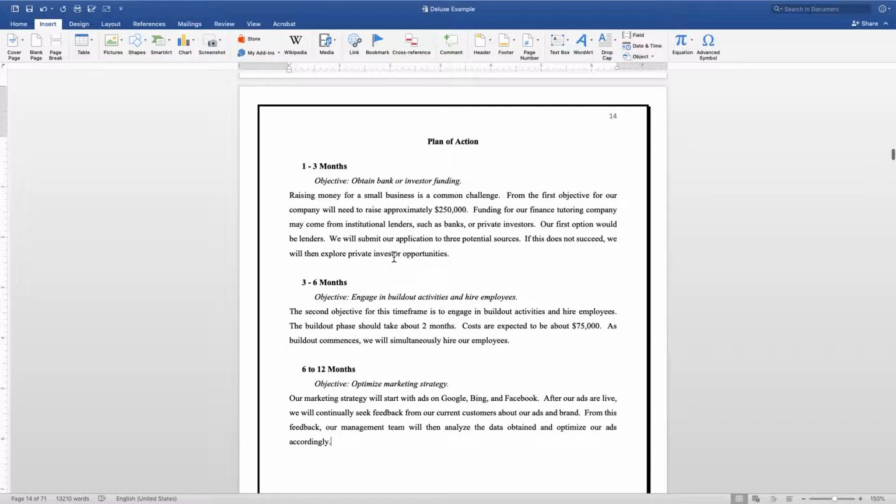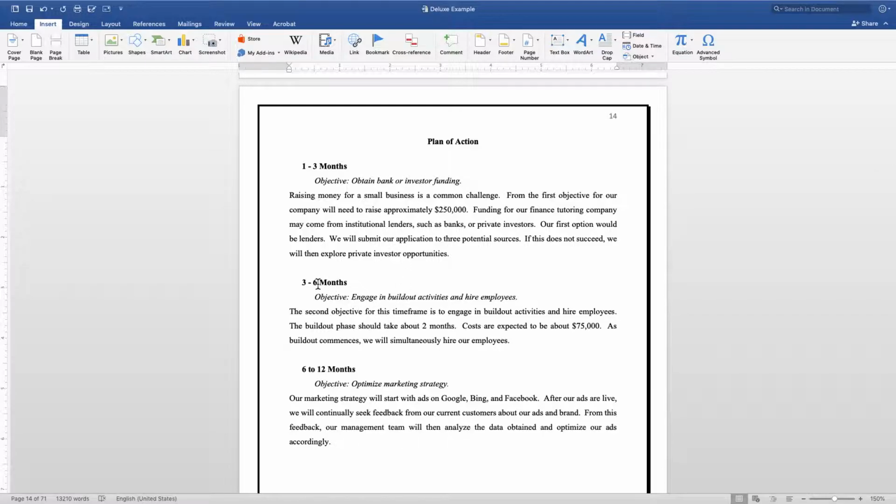I summarized this a little bit because usually I have about 3 or 4 objectives under each segment. But for this example, I'm just going to summarize it. So I'll take the business outline right here, and I'll have the objectives, and then I'll briefly explain how we're going to obtain the objective that we've set for the company.